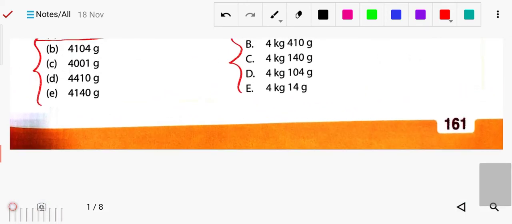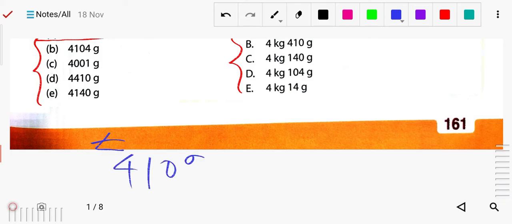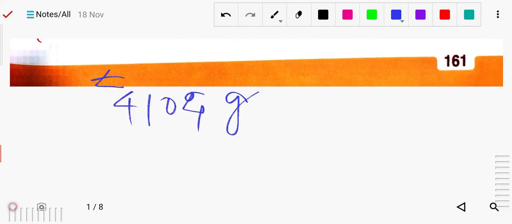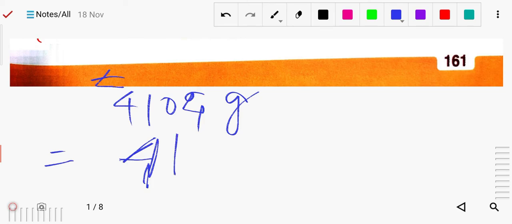First of all, you have to write it: 4104 gram. You can divide it by 1000 because you have to convert into kilogram, since in 1 kg there is 1000 gram. So 4104 divided by 1000.